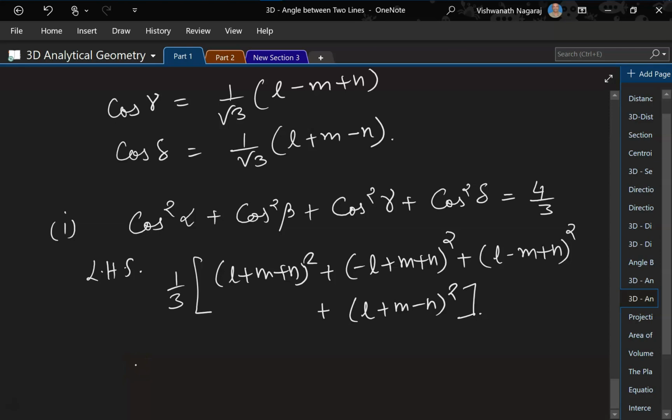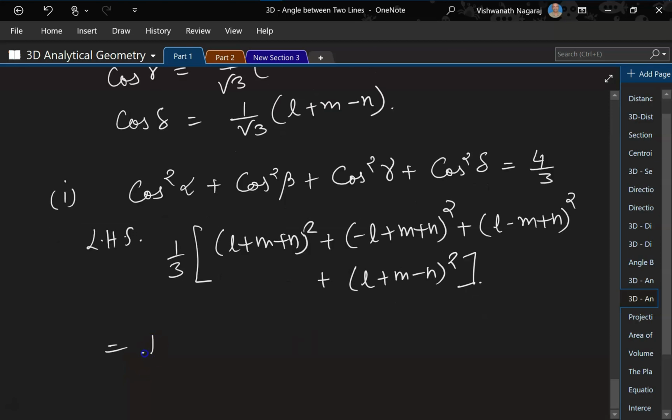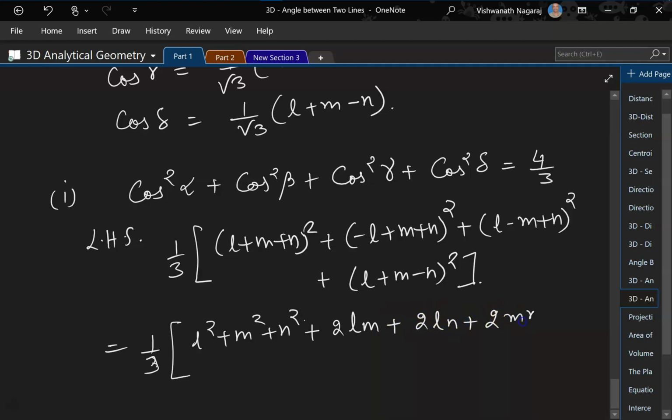Okay, now let's simplify this. 1 by 3 times l square plus m square plus n square plus 2lm plus 2ln plus 2mn. Here I have to put a plus. Now l has a minus, so wherever l appears we have to put a minus: minus 2lm minus 2ln plus 2mn.